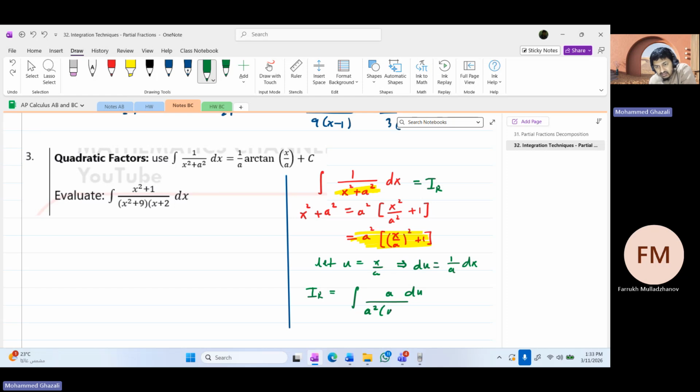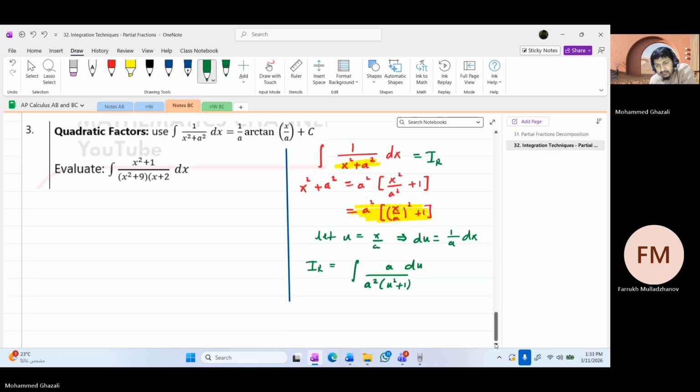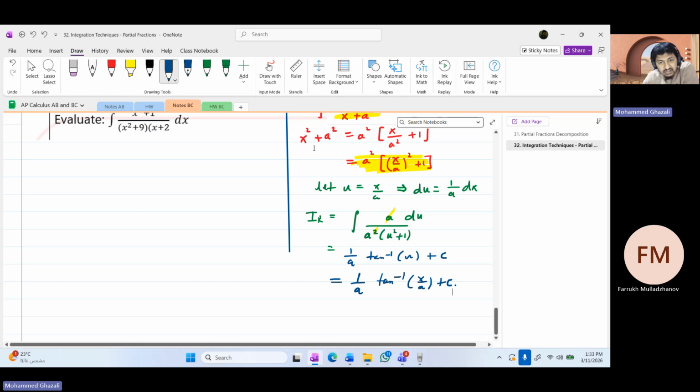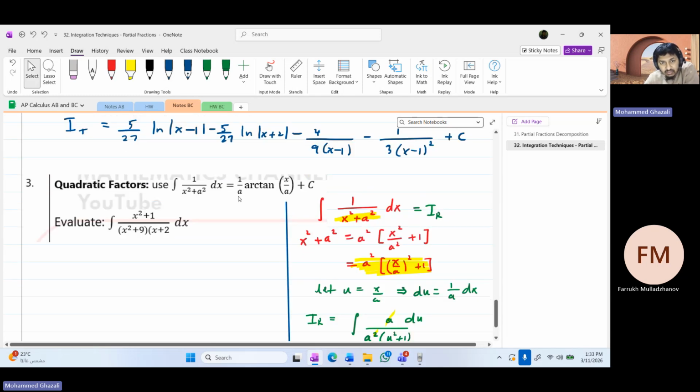I'm just substituting here. That's u squared plus 1. So 1 a over here, 1 a here cancels out. Now the integral of this is 1 over a. That 1 over a is just there. Integral of 1 over u squared plus 1 is arctan u, or tan inverse u, plus c. And what is u? x over a. Okay, so that's where the result over here is coming from, okay? 1 over a arctan x over a plus c, if you get something like this in this form.